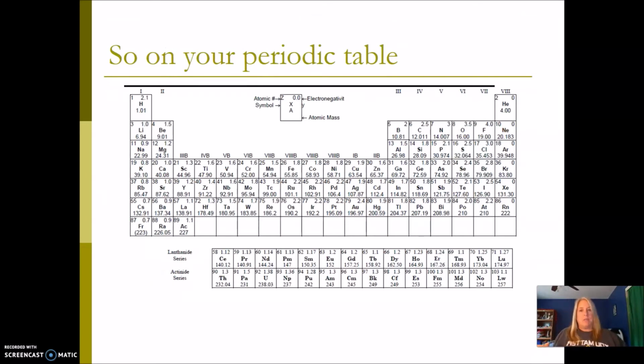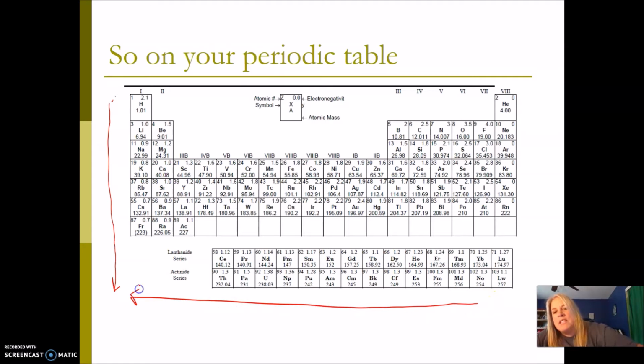So on your periodic table, and by the way, if you don't have your periodic table out, sketch the shape of the periodic table on your piece of paper, in your notes. You can pause the video while you do that. I want you to add a line that goes down this way, and a line that points this way, so it's pointing to the bottom corner of the periodic table, and you're going to label this increasing atomic radius.